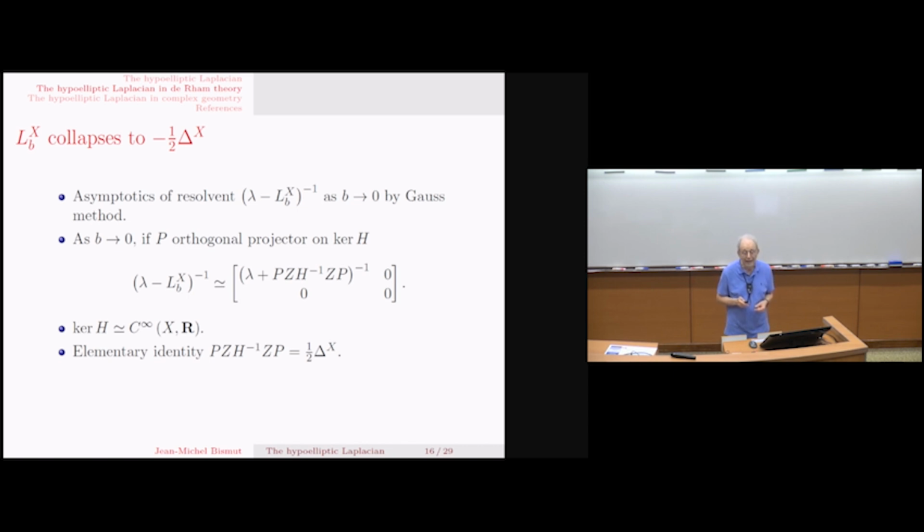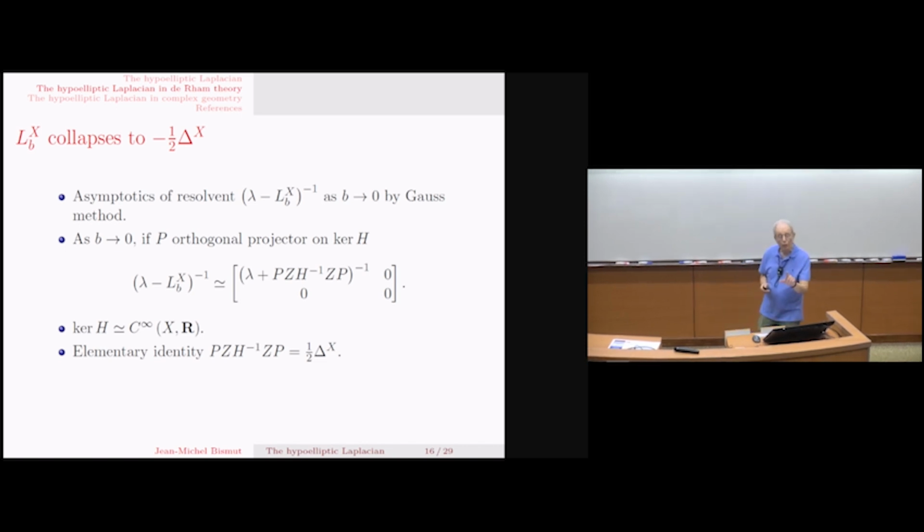Okay. So that explains, by sort of formal arguments, why the limit of the resolvent of the hypoelliptic operator converges as b tends to 0 to an operator which collapses on the smooth functions of the base manifold, and it is the resolvent of the Laplacian.